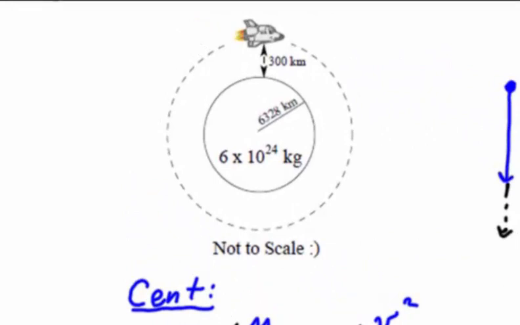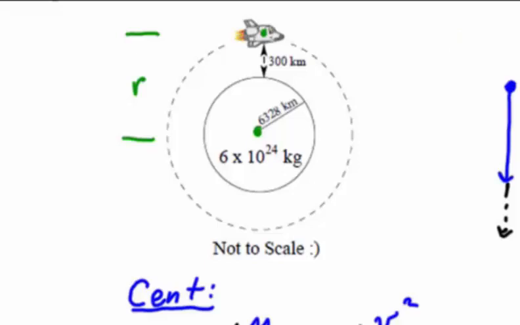Going back to our diagram, we'll notice that the center of the Earth is represented by this green dot. The space shuttle is up there, and so the radius for the gravity formula is this distance. Not the radius of the Earth, 6328 kilometers, but in fact the sum of the 6328 kilometers for the Earth's radius plus another 300 for the altitude of the space shuttle.